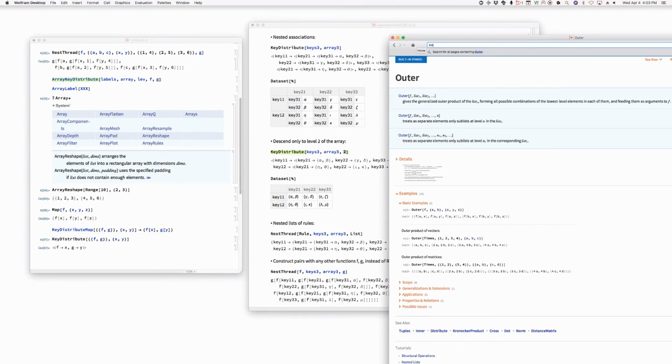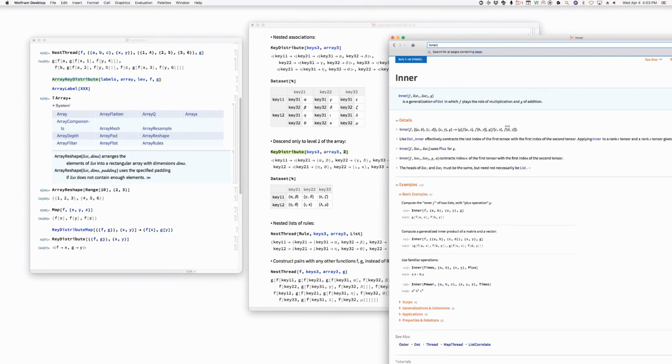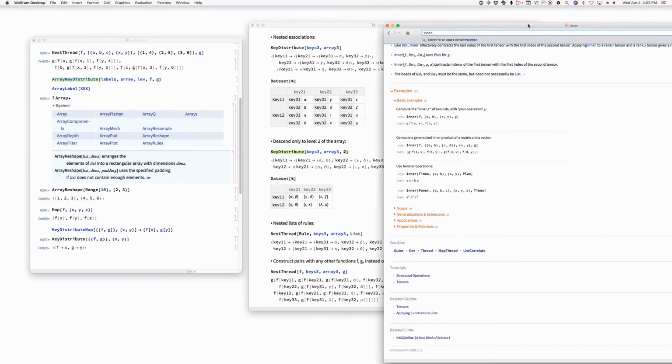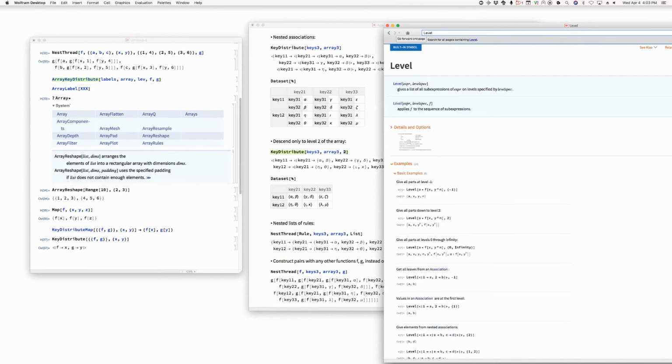Yes. Perhaps level itself. Boy, these are old functions. And it was in version 1. Sorry, which one? Level? Yes, level is able to go down.